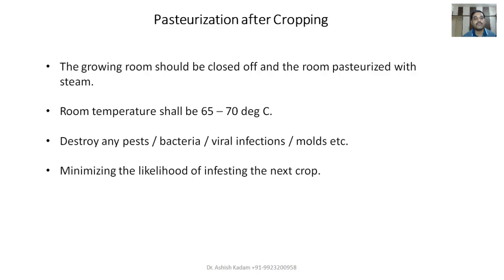So there has to be a proper drainage system in the growing room so that water will not get collected, water will not form ponds, and there will not be bacterial growth. So the flooring of your growing room has to have a certain slope so that water will not get deposited or accumulated, and create a problem for the next cycle.